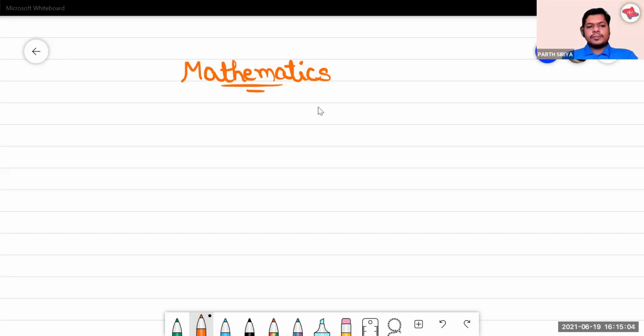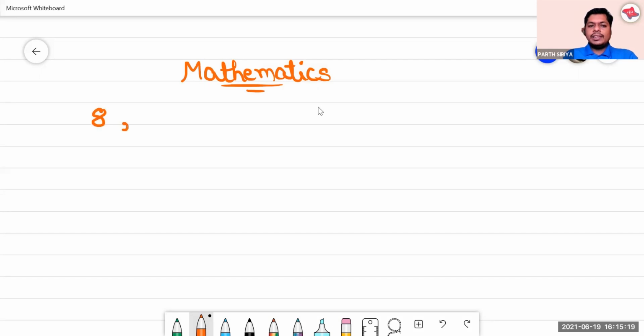Perfect. Okay. So now, basically, when we're talking about mathematics, it's just about numbers, right? It's always about the game of numbers. If I write down some numbers over here, say 8, then the next number is 10, then the next number is 12, then the next two numbers, if I ask you to identify, what could they be? 14 and 16.